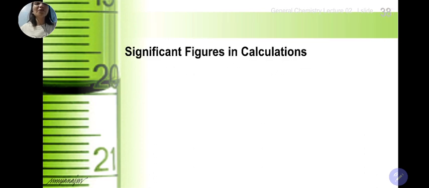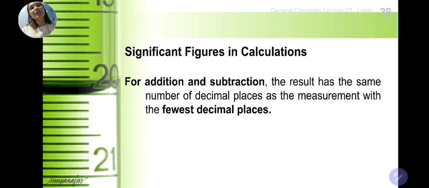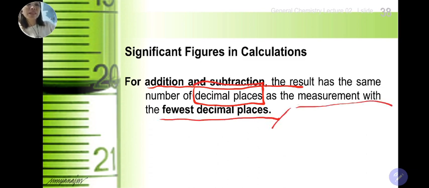For the significant figures in calculations, these are the rules. For addition and subtraction, the result has the same number of decimal places as the measurement with the fewest decimal places. You have to remember these rules in significant figures in calculation.